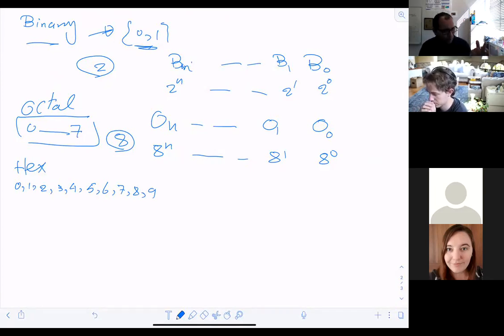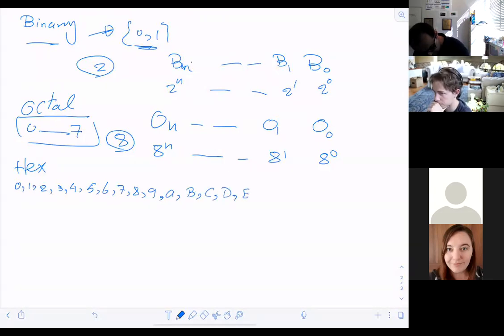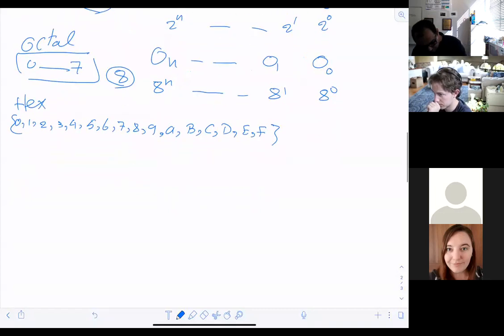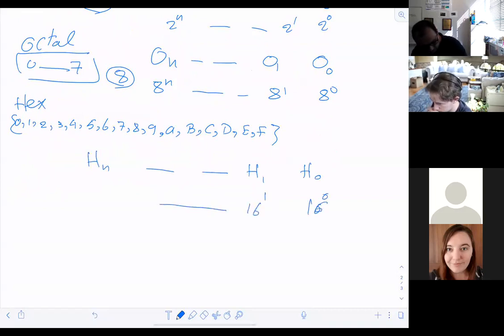They would say 0 through 9, and then A, B, C, D, E, F. Those are the 16 numbers I have. That's why it's going to be H0, H1 up to Hn, and that's going to be 16 power 0, 16 power 1 up to 16 power n.